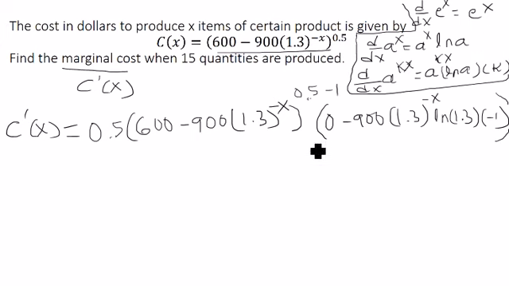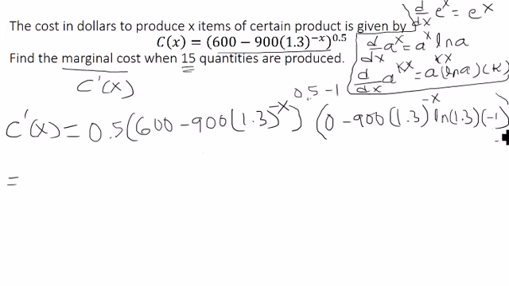Anyways, so this is the derivative, and all we're doing after this is simplifying this and then plugging in the value of x given here as 15. So it's going to be a little bit of work. So we have 0.5, and then we have negative 900, and then we have a negative 1.